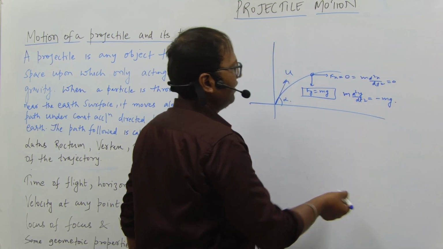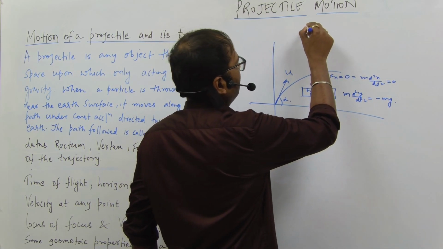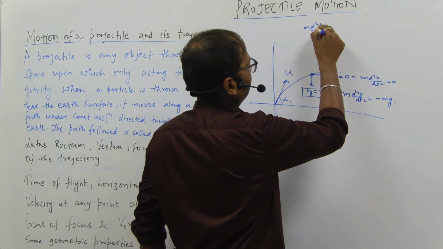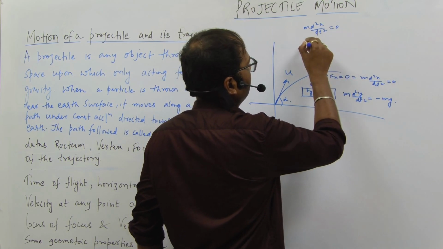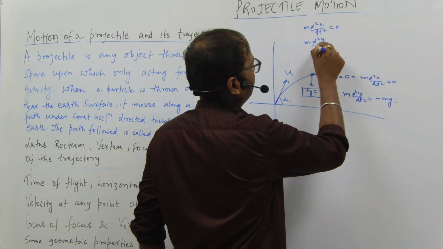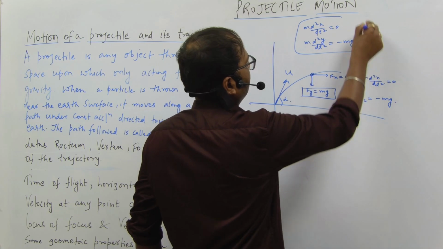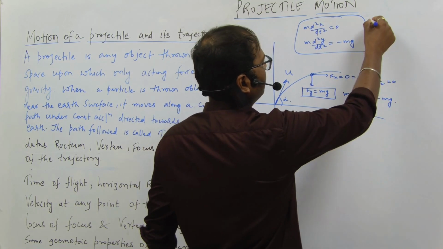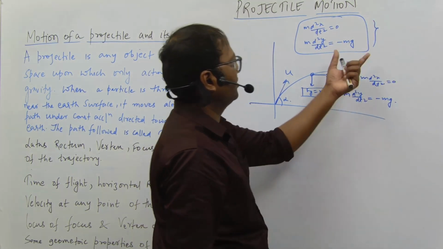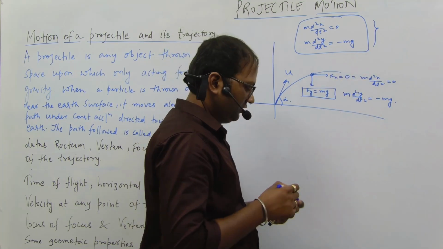So we have the equations of motion: m d2x upon dt square is equal to 0 and m d2y upon dt square is equal to minus mg. These are the two most important equations of motion, based on Newton's second law. Let us move further.